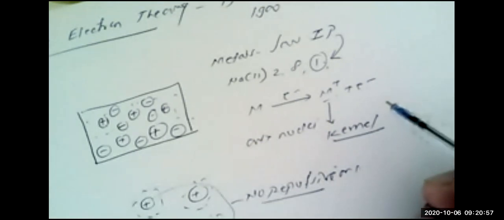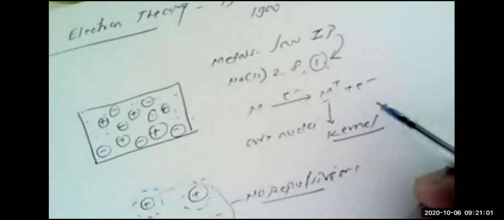In this case, the electrons which are released by the metal atoms are not stationary. That means they are not confined only to one atom, but they spread to a greater extent to all the atoms which are present, that is, all the positive atoms present in the metallic crystal.